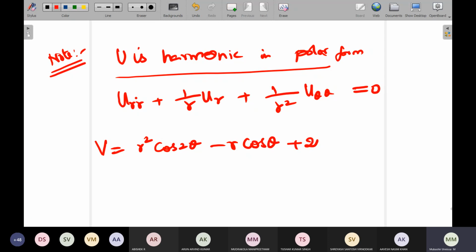So what we have to do? We have to find v_rr plus v_theta theta and then substitute in that equation and see whether it is harmonic or not. So come on, first find out v_r. Can anyone tell me what v_r will be?